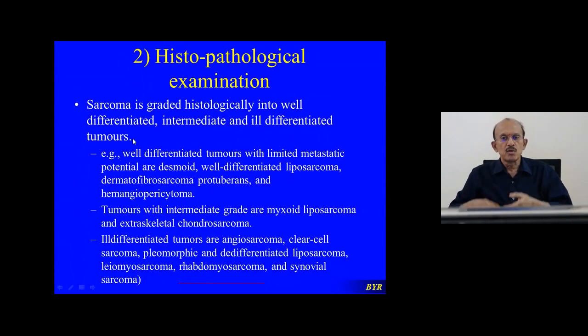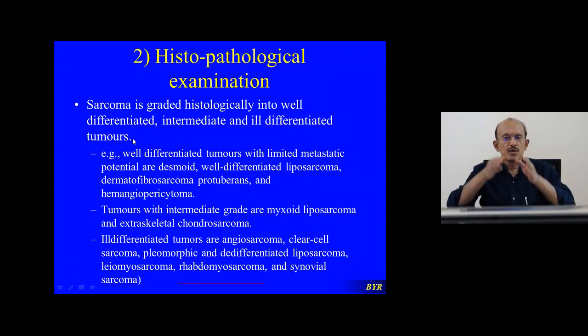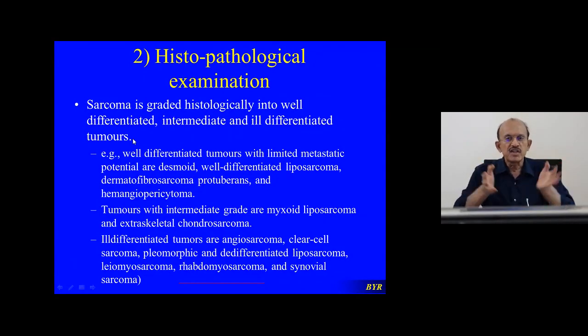So once you have removed something from the muscles, if you open it there, you can't find the scar there because it is all fleshy. You can't make out the place. So then how can you do wide excision? It is impossible for you to do wide excision. That is why excision for biopsy purpose is not done.